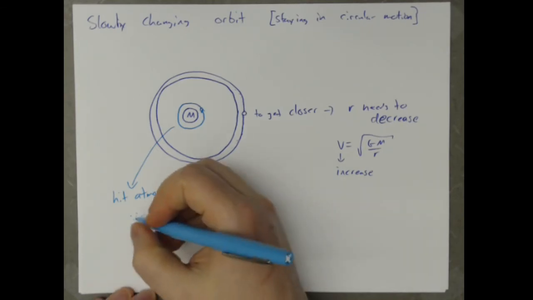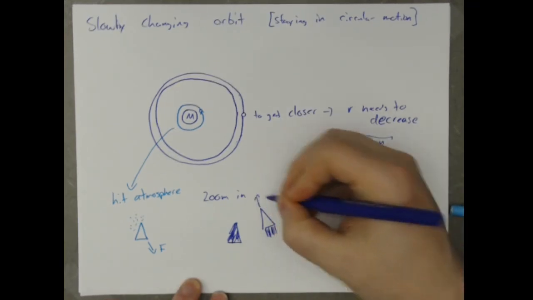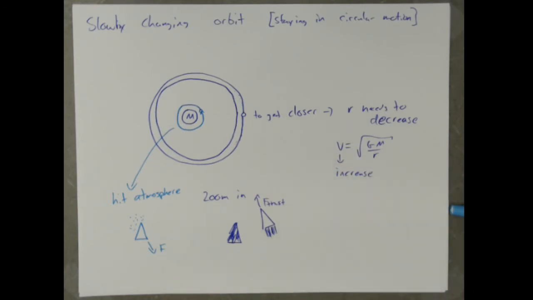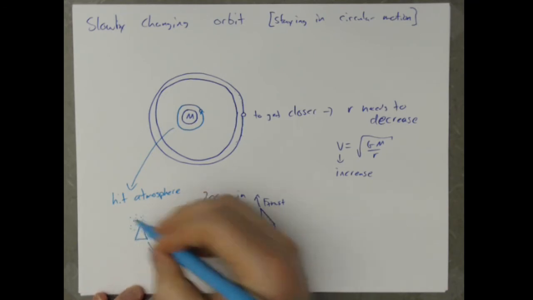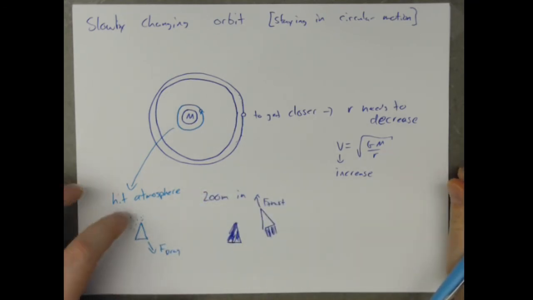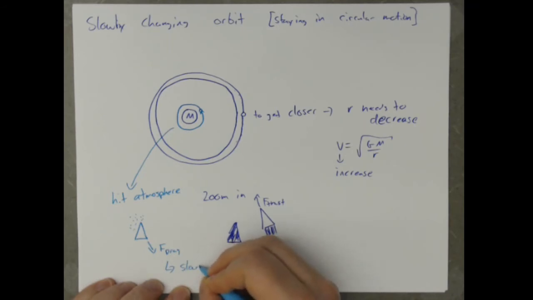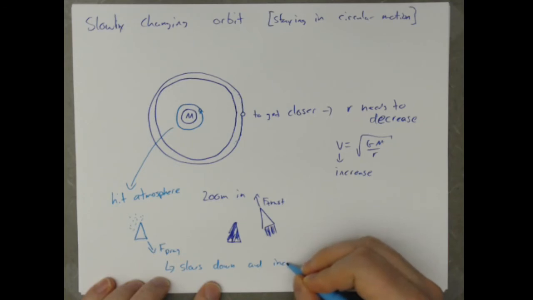So this force is the opposite of the thrust force. This is a drag force, a small drag force from the particles. So this drag force slows you down and increases the radius.